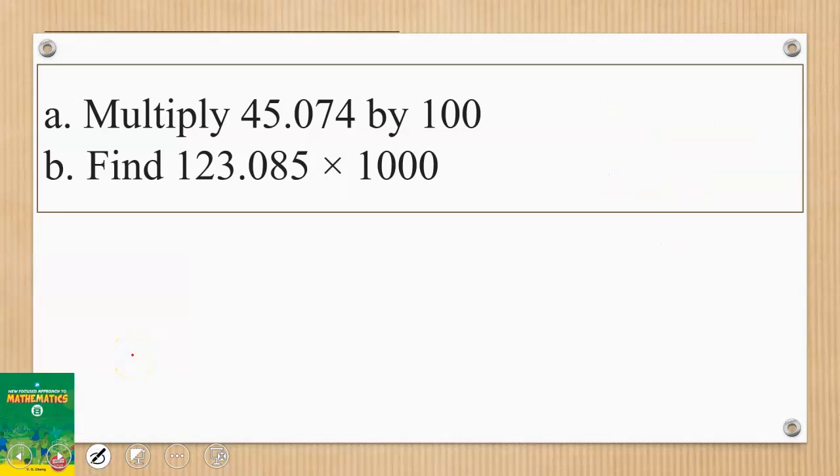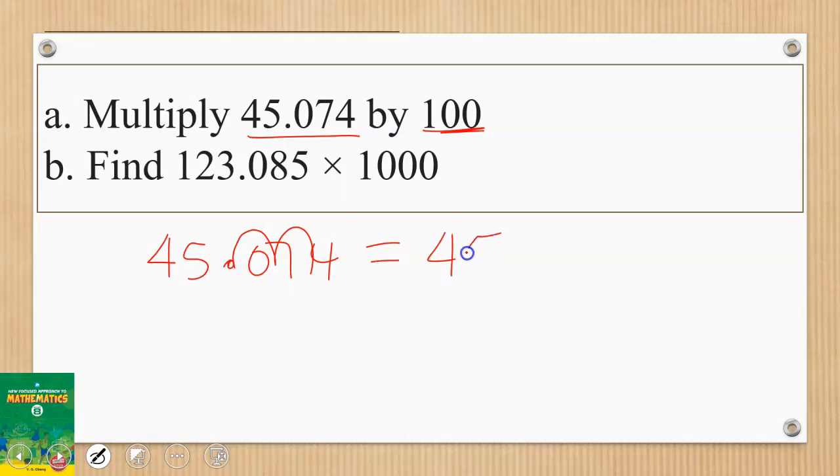Now, because this one has decimals, in our 45.074 the decimal point will move to the right 2 steps. So 1, 2, because we have 2 zeros here. So the answer becomes 4507.4. Right, so that becomes the result for multiplying by 100.